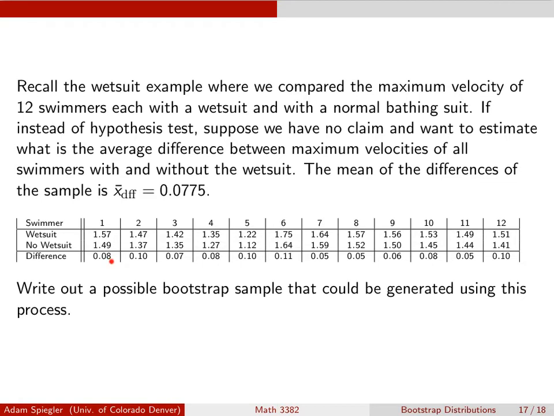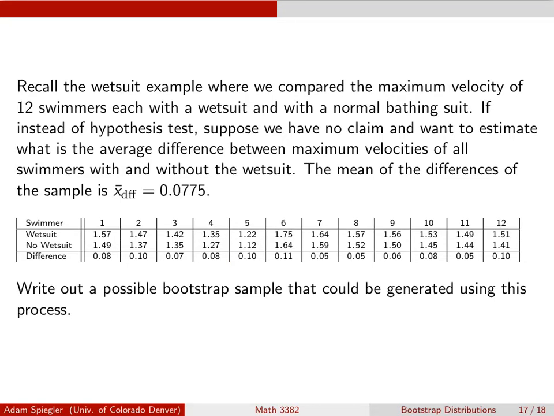They swam a little faster with the wetsuit. They did this with a total of 12 different people. And in case you're curious, they randomized for each swimmer whether they swam first with the wetsuit or first with a regular bathing suit, so there was no fatigue that should have caused any confounding.